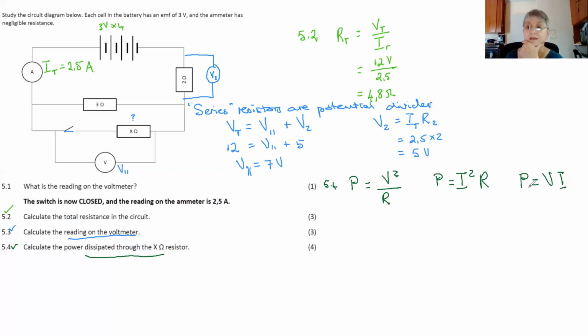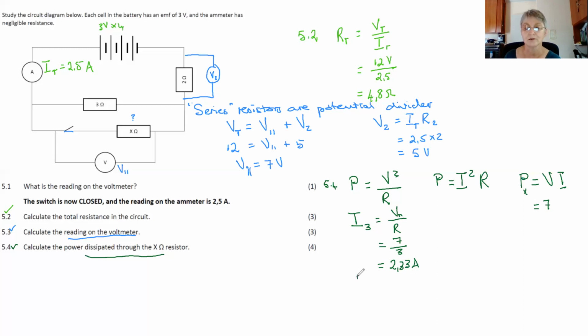Now, for the X ohm resistor, I've got the voltage. It is 7. How can we get the current? Can we get the current through the 3 ohm resistor? Yes, because we've got the parallel voltage and the resistance. So current is parallel voltage, which is 7 divided by 3, which is 2.33 amperes.